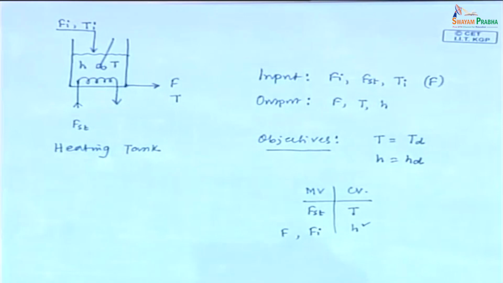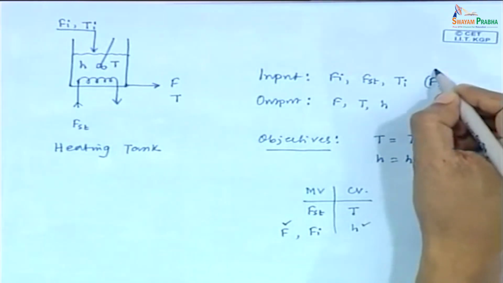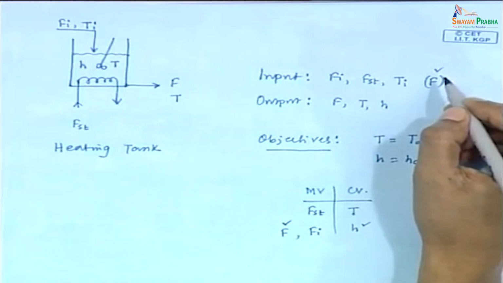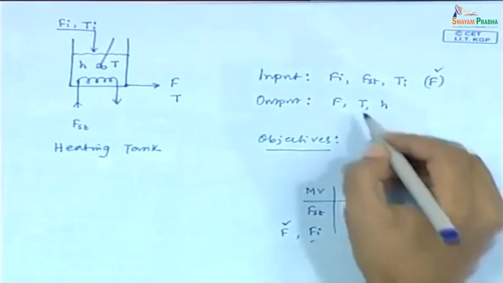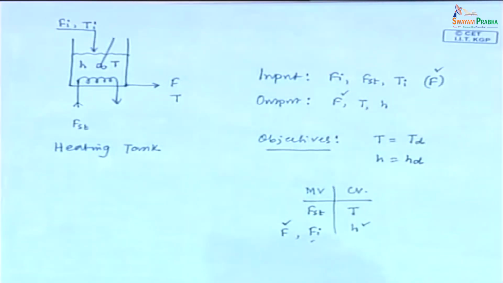Fine. If F is the manipulated variable, as we discussed for the previous example, then F will be one input variable. If Fi is the manipulated variable, in that case F will be the output variable.